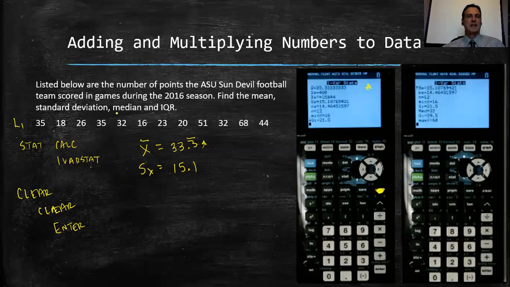Okay, last thing is a median and an interquartile range. Now, keeping the screen right here, if you scroll down, you'll get the second screen, all right? And you'll have a couple of things that are important. First, you'll have a median.